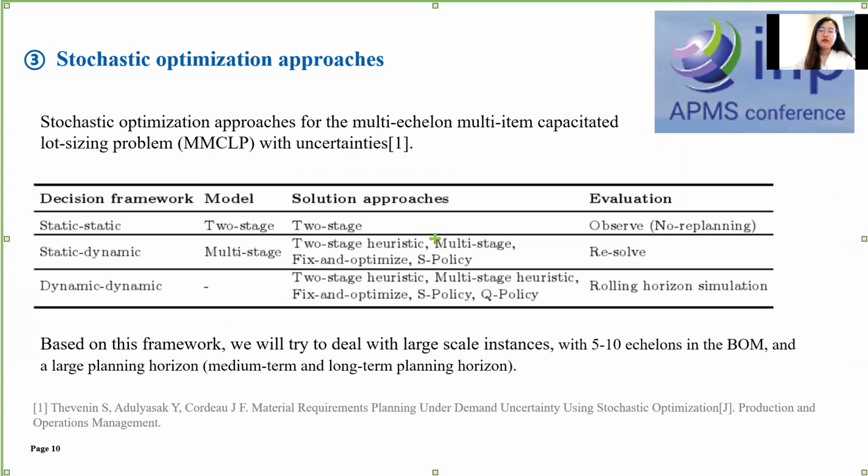We will try to deal with large-scale instances. The instances will include 5 to 10 equivalents in the bill of material, and we will focus on a large planning horizon. The middle term is about 1 year, and the long-term planning horizon is about 2 years.